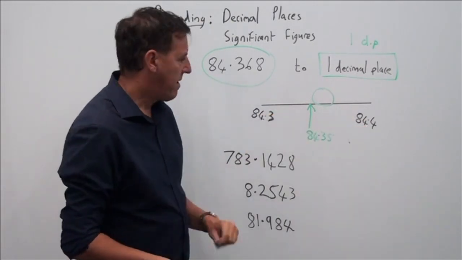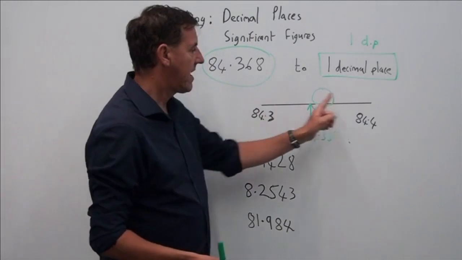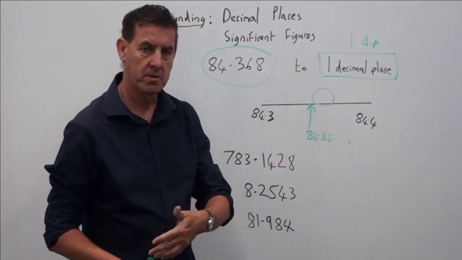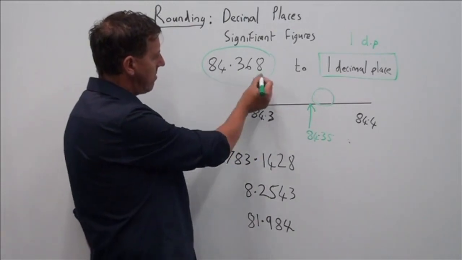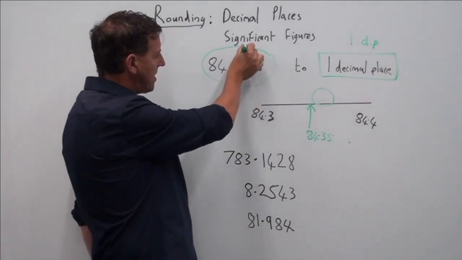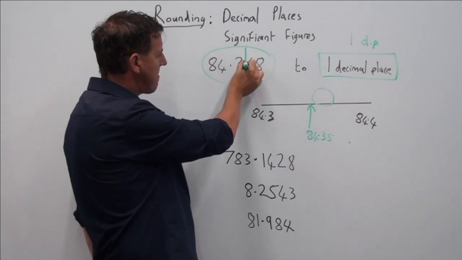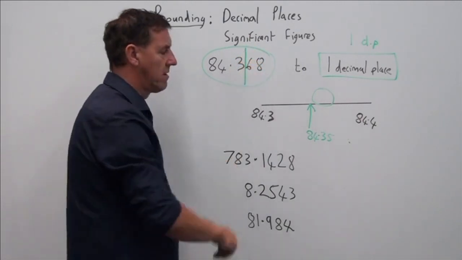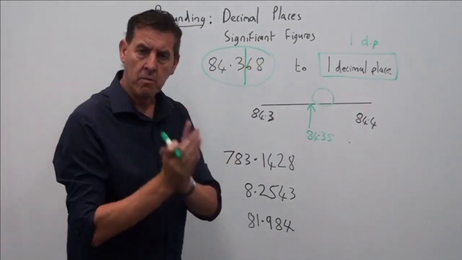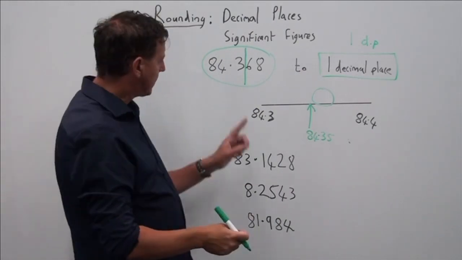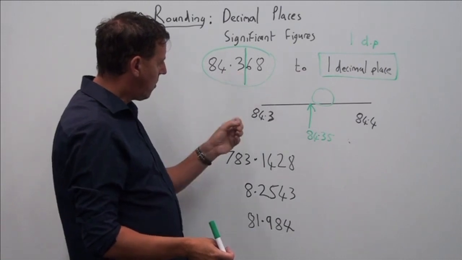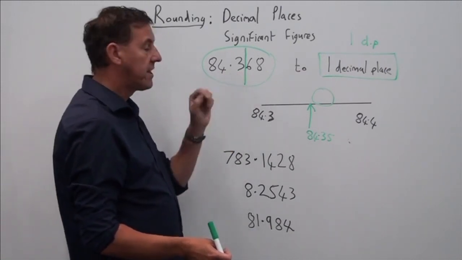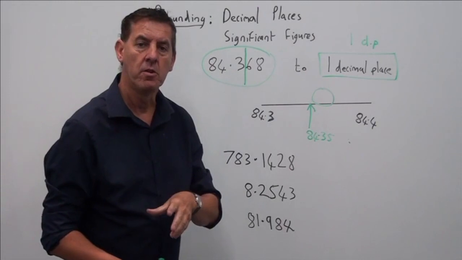Now I would not expect you to keep drawing these lines to round numbers. There is a slightly quicker way. The way I do it is I go to the number, and because I'm rounding this to 1 decimal place, I put an imaginary line there in my head, and I say to 1 decimal place, either the answer is going to stay at 84.3, or I'm going to go up 1 digit to 84.4.